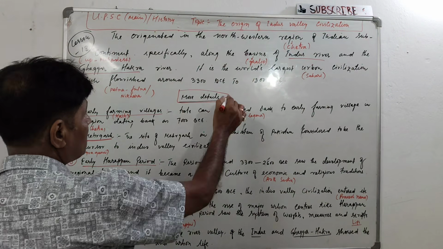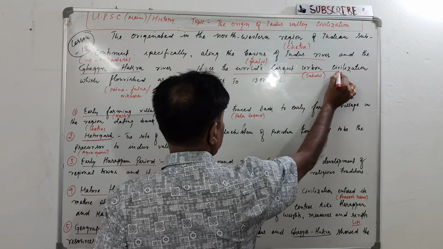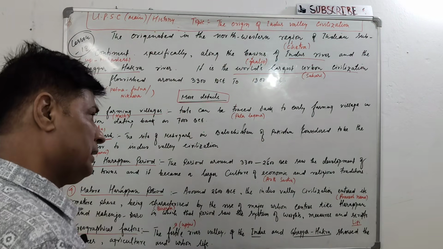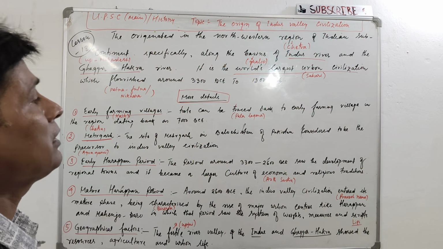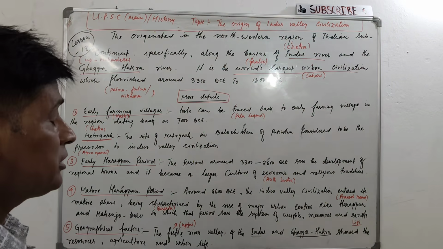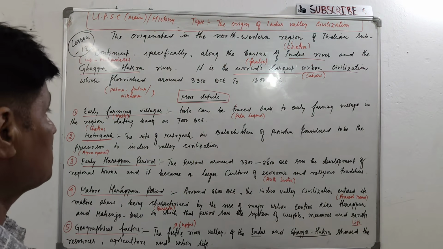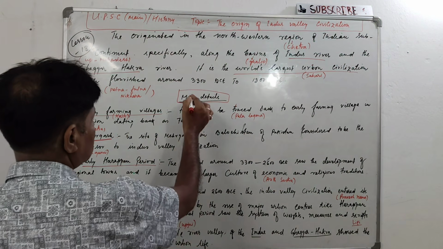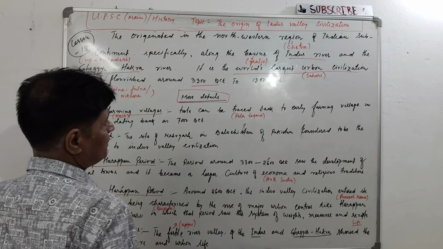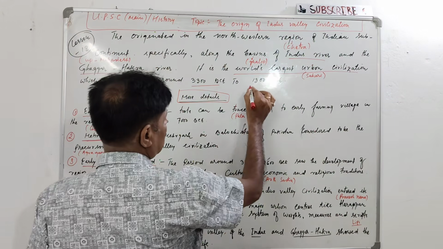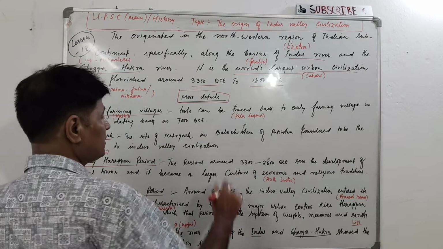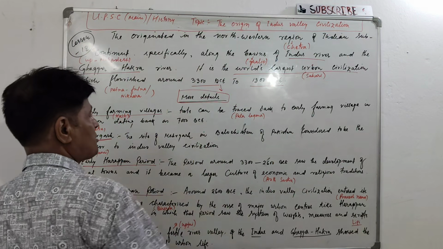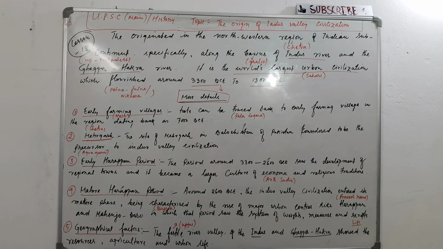It is the world's largest urban civilization, right? I think the Indus civilization is the world's largest civilization, which flourished from 3300 BCE to 1300 BCE. BCE means before Christ, before the birth of Jesus Christ.